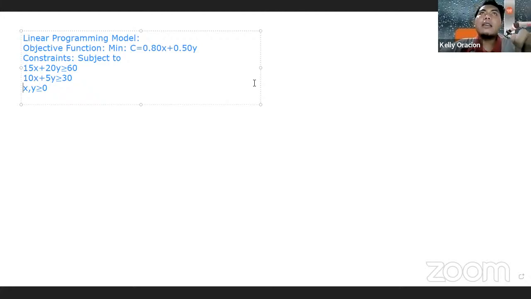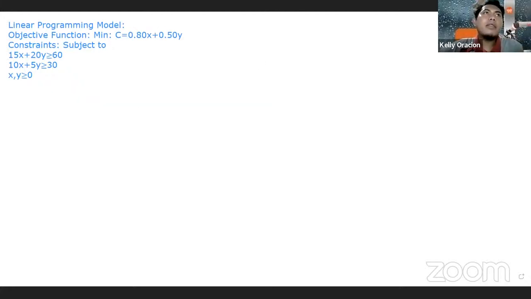Okay? Let's apply it to the first constraint. Then let x is 0, same. Then later, let y is equal to 0 again.